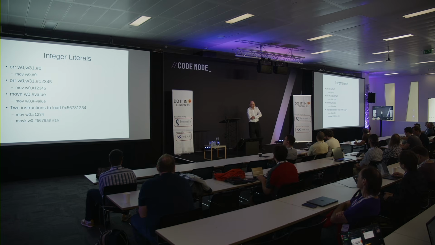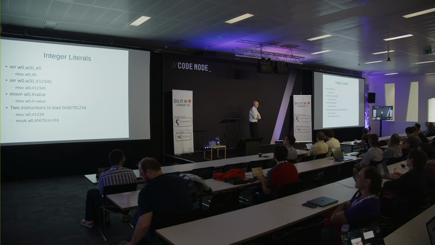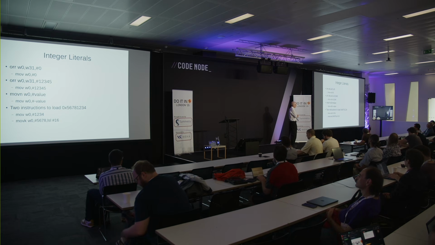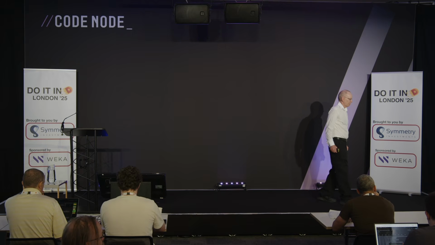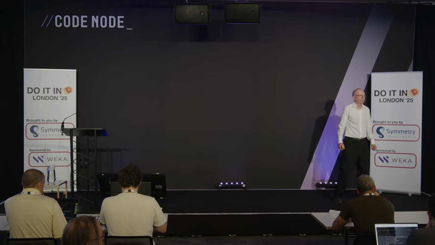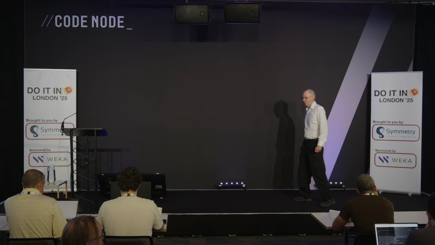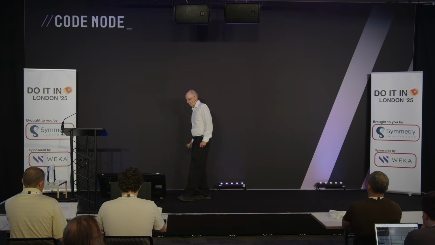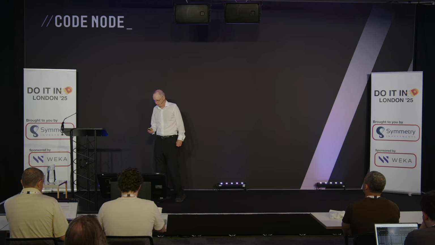I had to write this function, which loads an immediate value into a register, and it figures out the optimal sequence of instructions to get the value I want into the register. Some of those are very complicated, and it took me a long time to figure out how the algorithm to generate an immediate value actually worked so I could implement it.